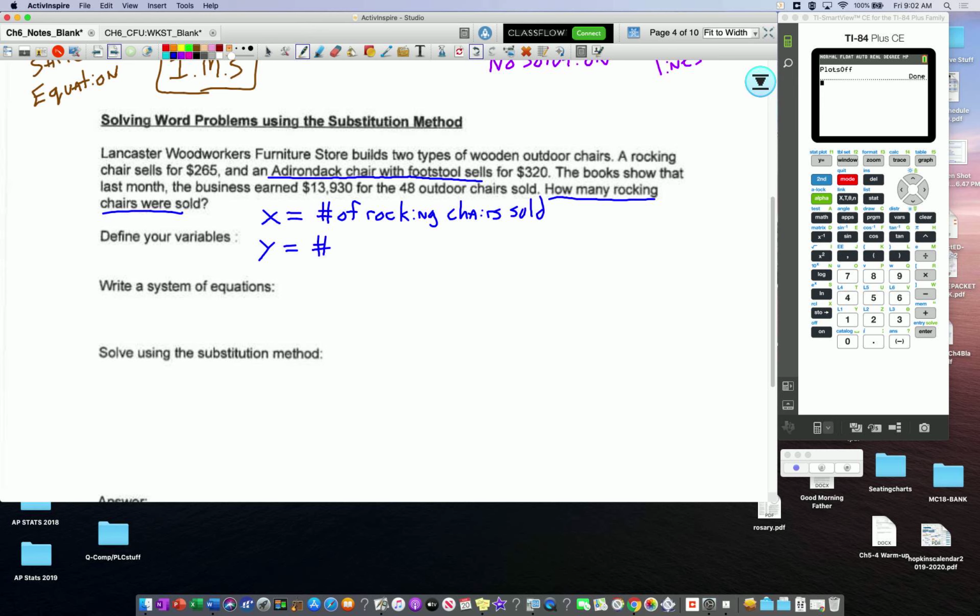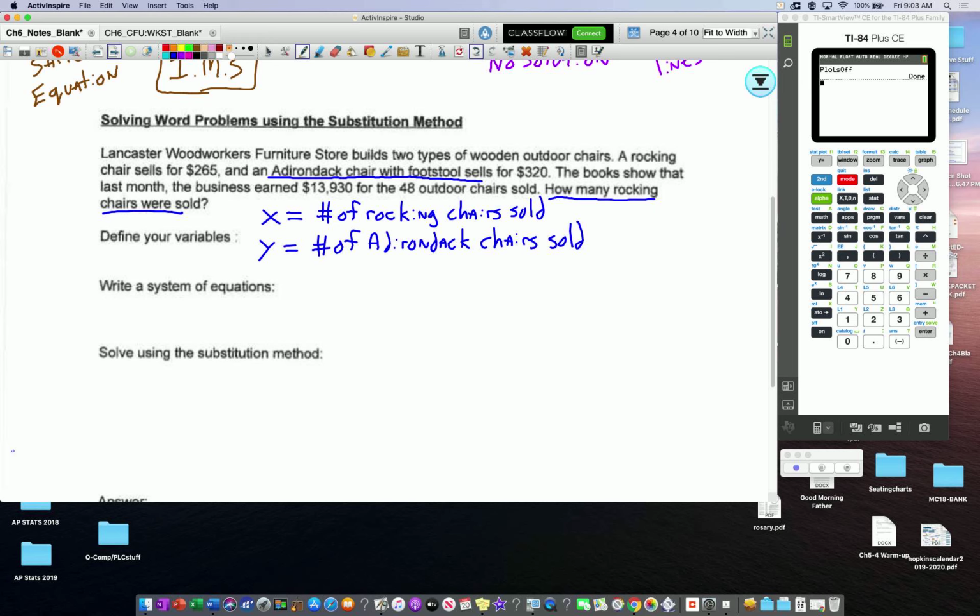Y is going to be the number of Adirondack chairs sold. So if you're wondering what an Adirondack chair looks like, go online, type it in, and take a look at it. It's those nice big wood chairs that you sometimes see up at cabins up north. Maybe some of you even have one at home.